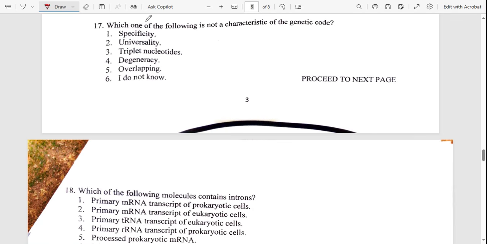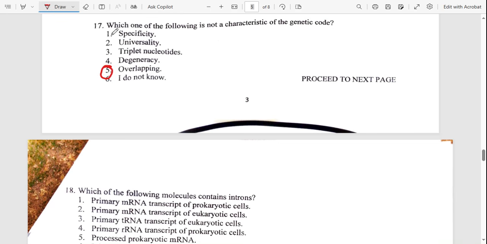Which of the following is not a characteristic of the genetic code? Specificity is not part of it. Universal: the genetic code is the same for organisms. Again, please just search on YouTube for genetic code, Acidius Academy, and you will understand everything you need to know about the genetic code. It has triplet codons. It's degenerate; the other term for degenerate is redundant. And number five is non-overlapping.